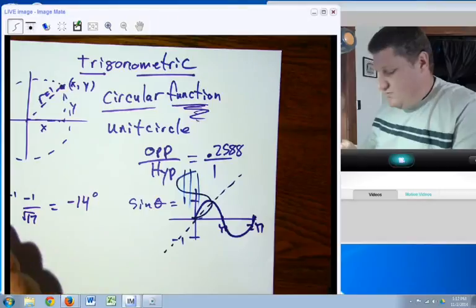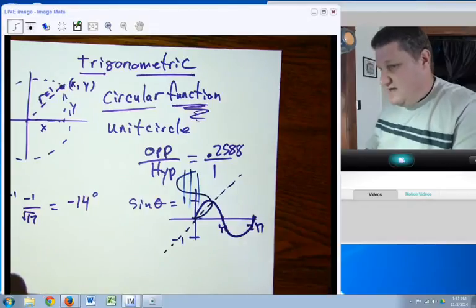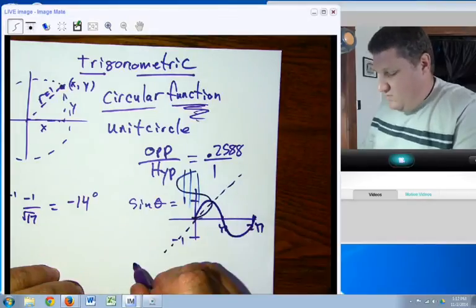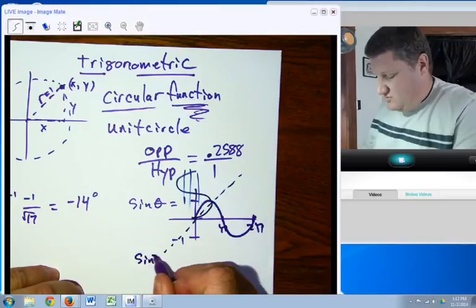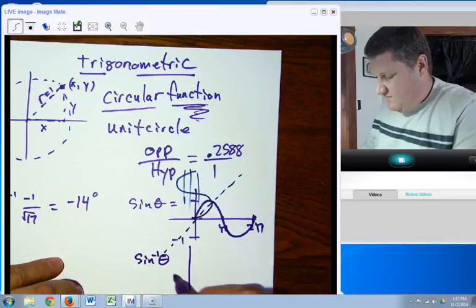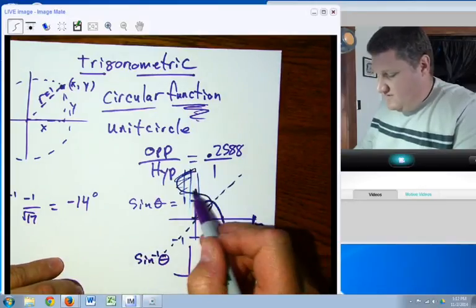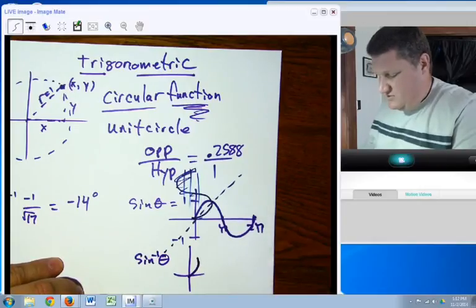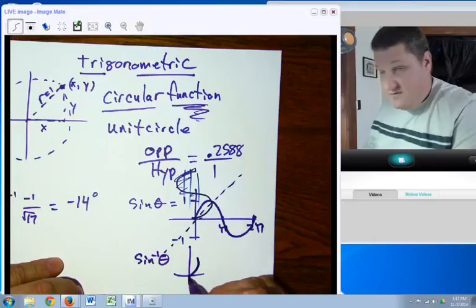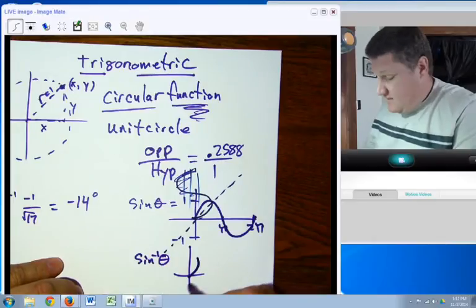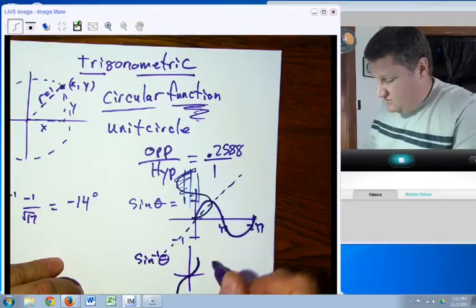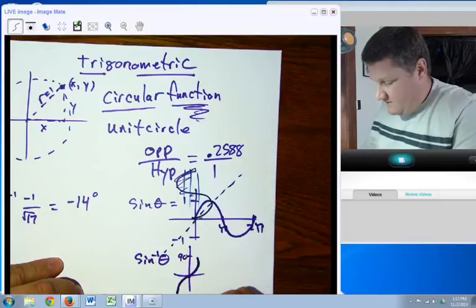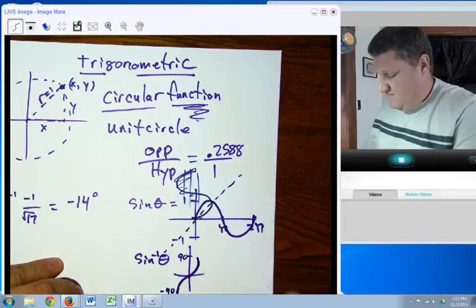So what they do is, anytime in math class that we have a problem, we have to come up with a solution. So for sine inverse of theta, we don't use any of this bit up here. What they say is they take this bit, which is okay, which is really nothing more than 0 to 90, and they take this bit, which is okay, and that's to -90.